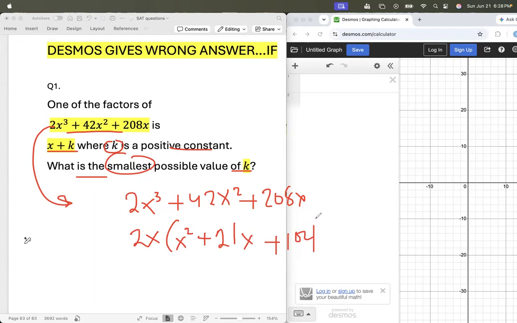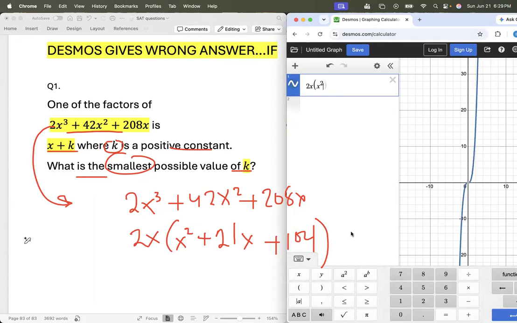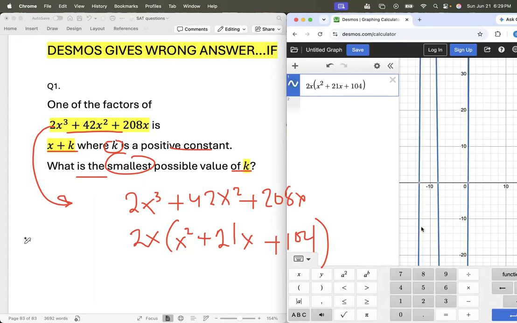So this is what you put in Desmos. This is a simplified quadratic equation with 2x in front of it. So we have 2x times s squared plus 21x plus 104. And you can see right away, it gives you the roots.